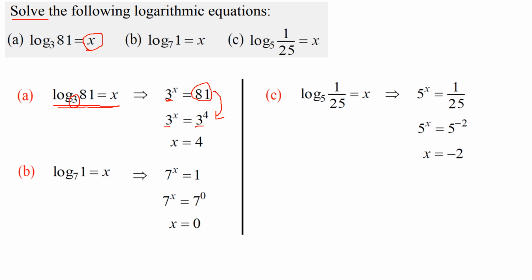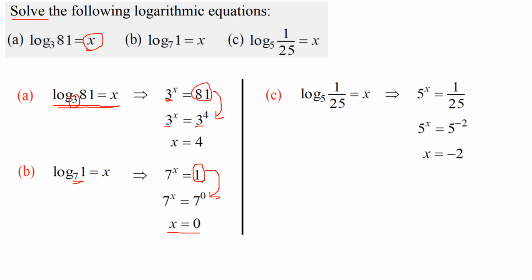In a similar way, the second question. So the base is 7. So 7 power x equal to 1. And try to write 1 in exponent form of base 7. So 7 power 0. Then x must be 0. Similar with the third question. So what is the base here? 5 and power x.